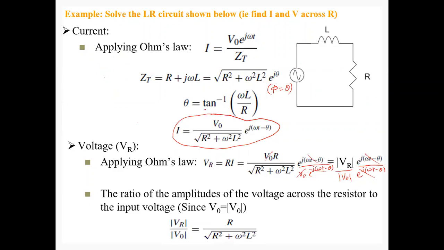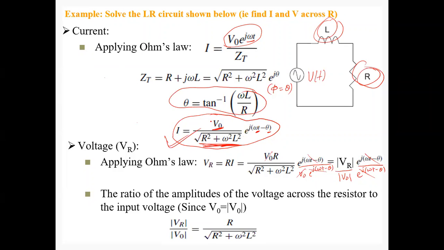So you have the I, meaning if you know L, R, and VT, then you can find I. VT is V0 e to the j omega t, and you are given L and R. Omega is also given. Then theta can be found in this way. So it means you found I.